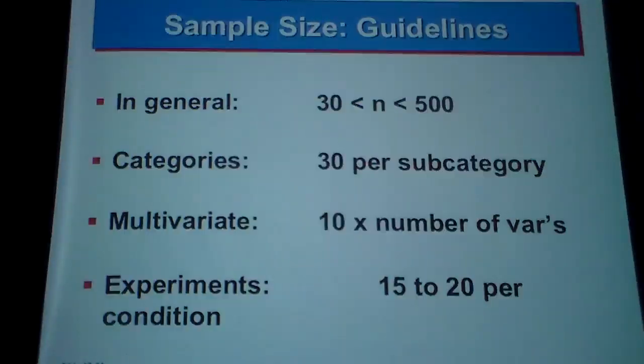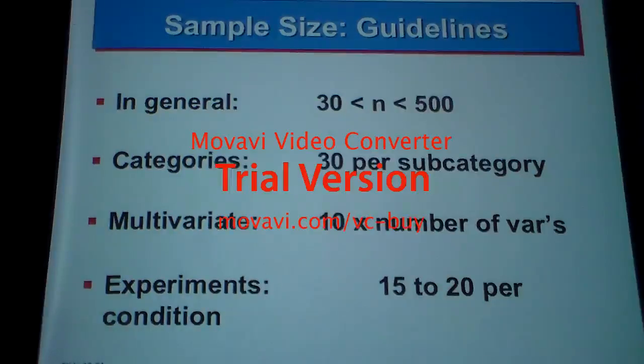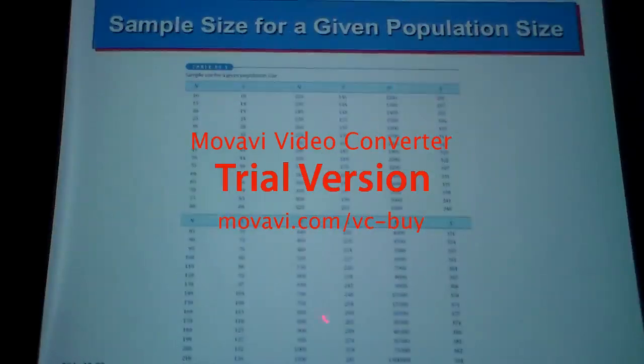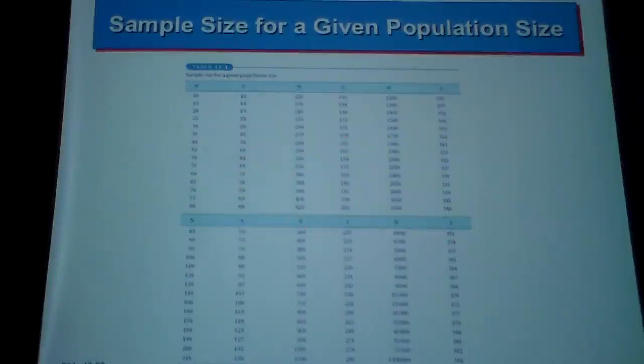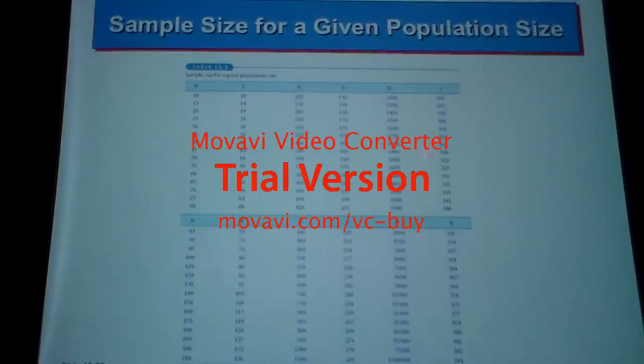Based on these guidelines, they give these tables, so they are just guidelines for you. If you increase the number by 5, it will not give a very different result, but it's a good start for you.